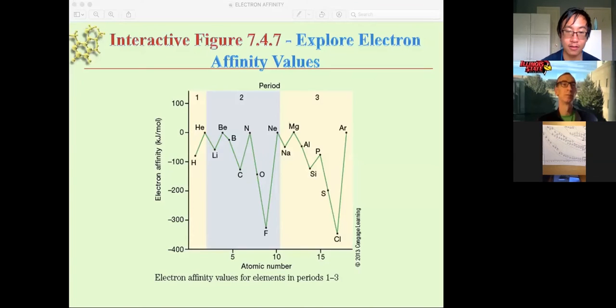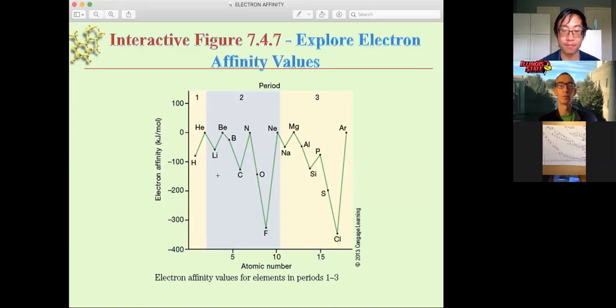So try not to get confused with that. Sometimes it's easier to forget about the numerical value data with the negative signs and just think about it through energy level diagrams and the PES graph.